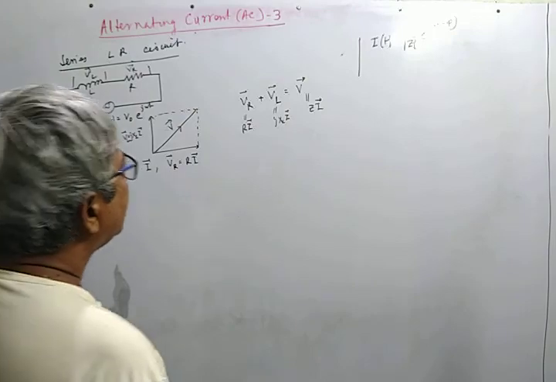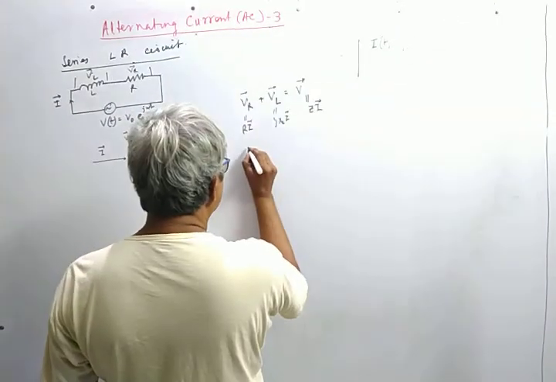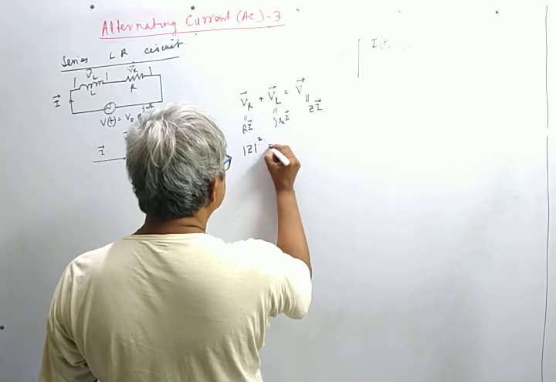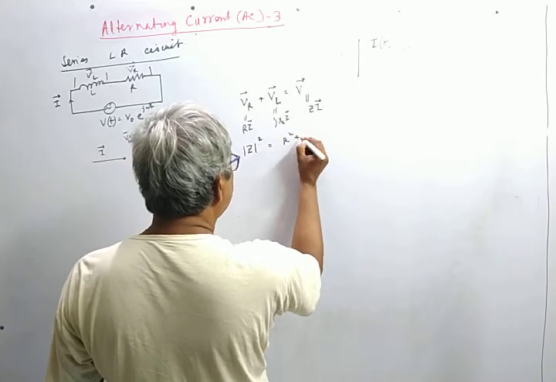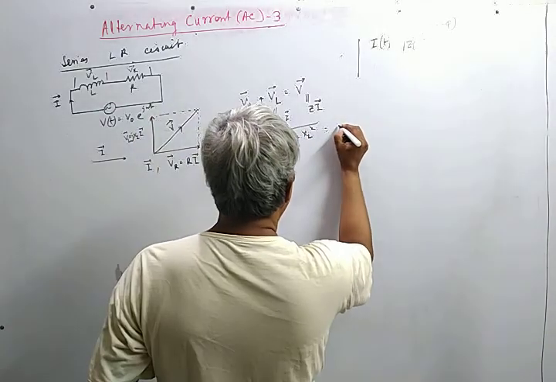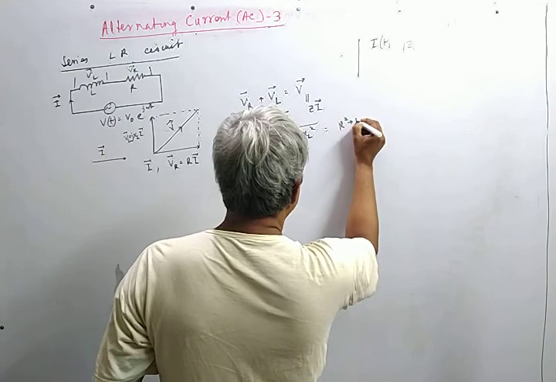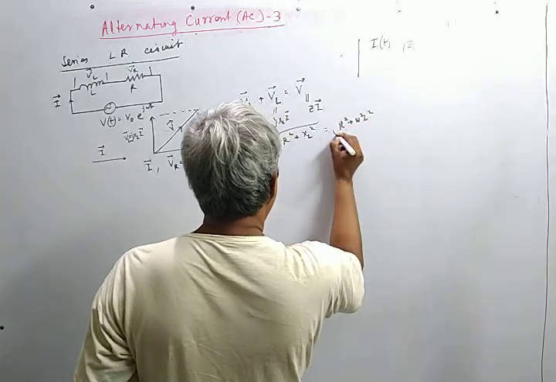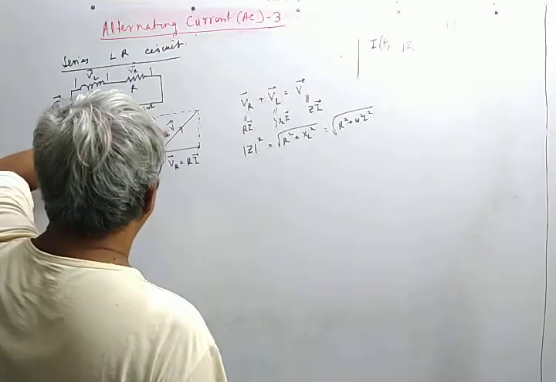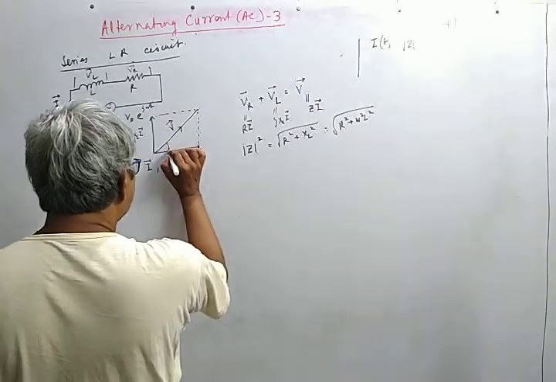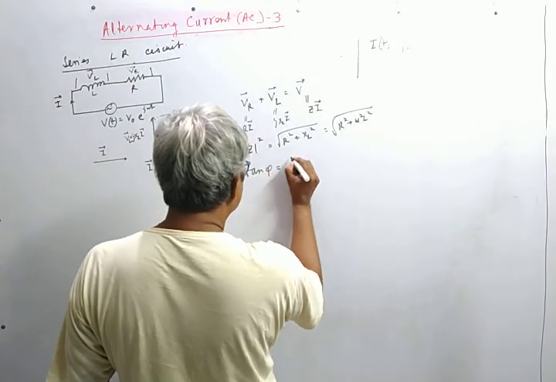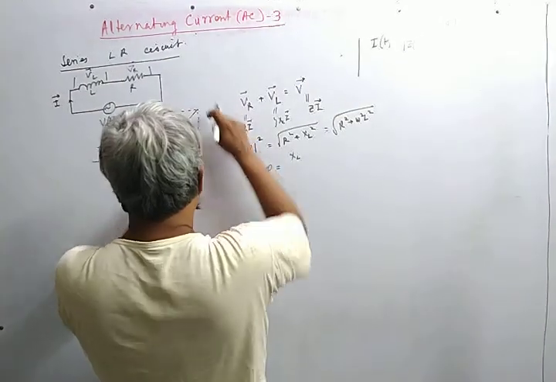So if we write the magnitude equation, mod Z square is equal to R square plus XL square, that is equal to R square plus omega square L square. This is the magnitude, and this vector makes an angle phi. So tan of phi is equal to this much by this much.